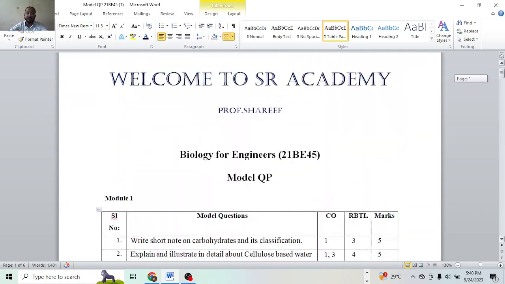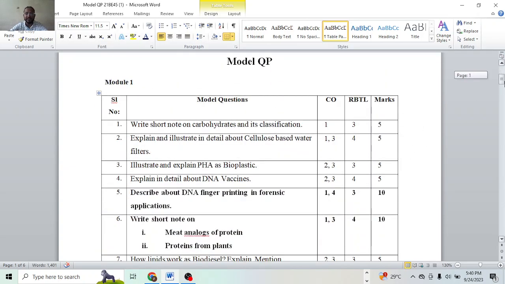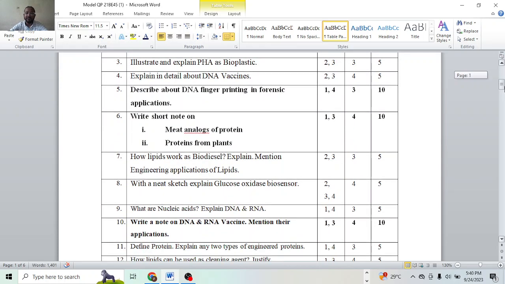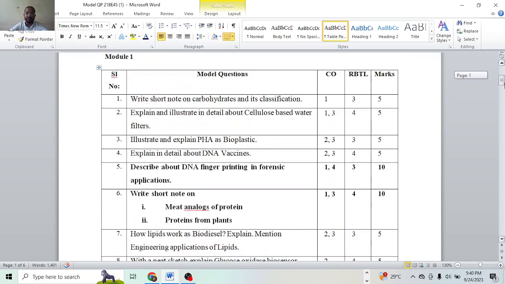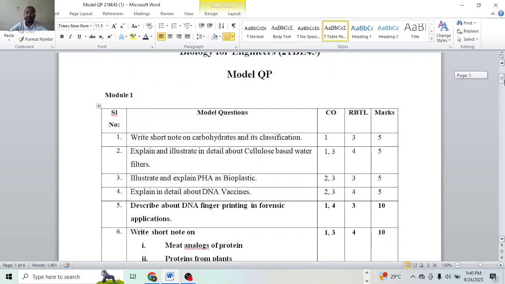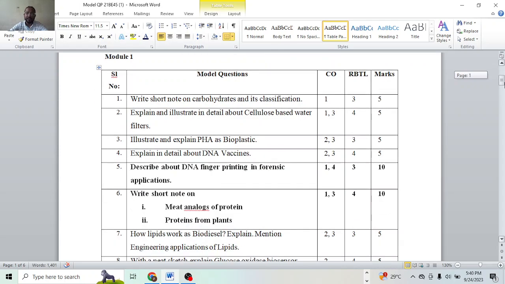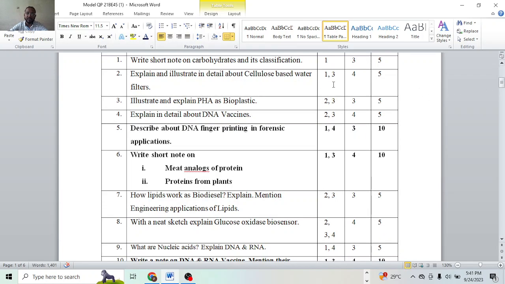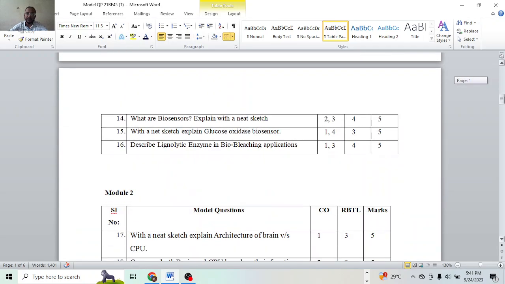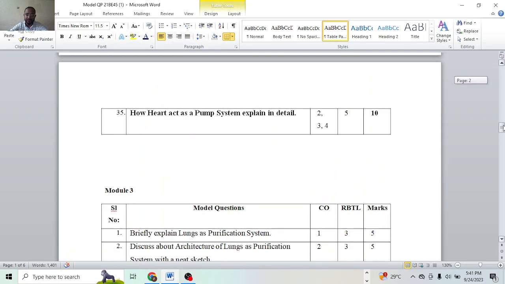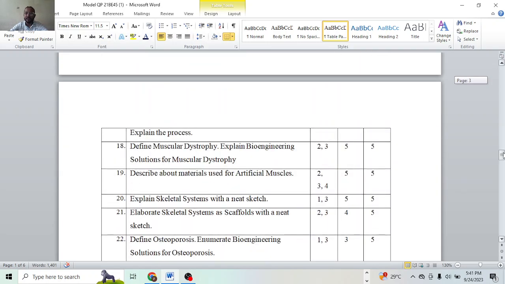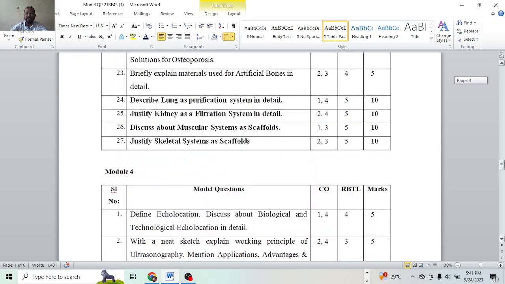But in the question paper you will not get the CO or RBTL. While reading, understanding and explaining the topics, you have certain POs and COs, and with respect to that we have RBTL. Based on that only you get this particular level, that means how difficult the question is, whether it is level 1, 2, 3, 4 like that. Most of these concepts come under 3, 4, 5.